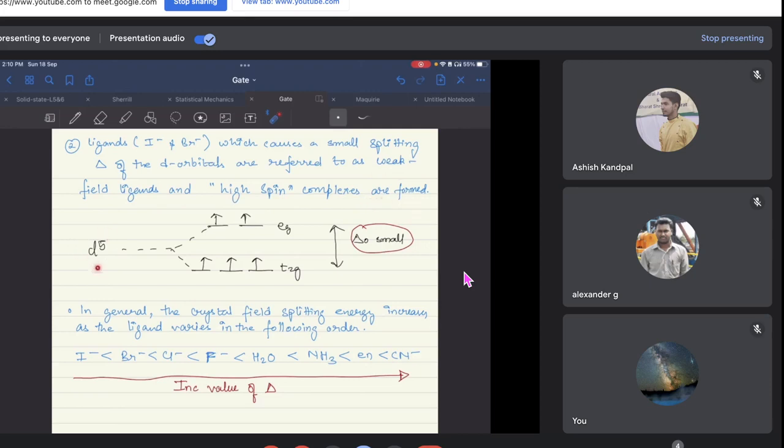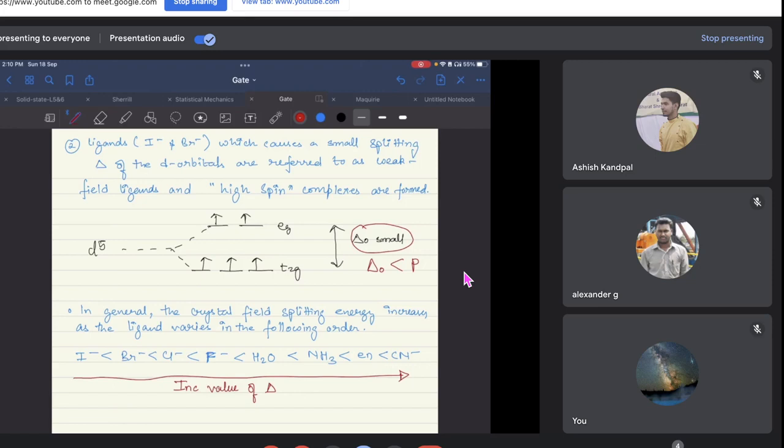So again, for the d5 configuration, the delta naught value will be smaller than the pairing energy. So the 5 electrons will get arranged as singly occupied, the Eg orbitals will also get occupied, and this is known as the high spin complex.